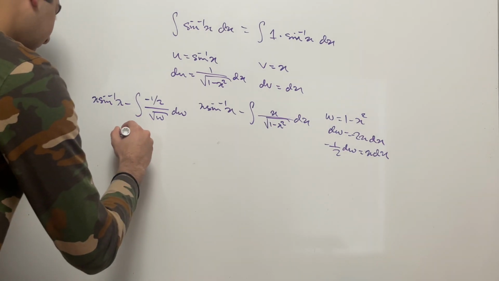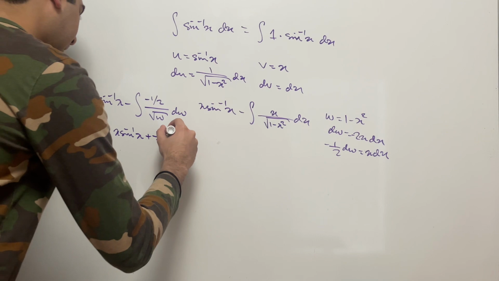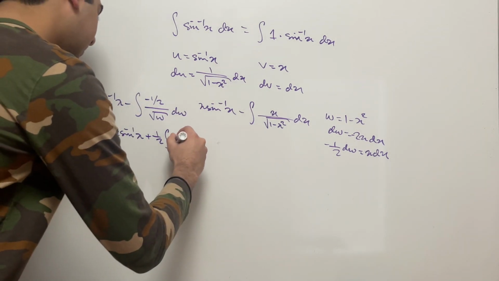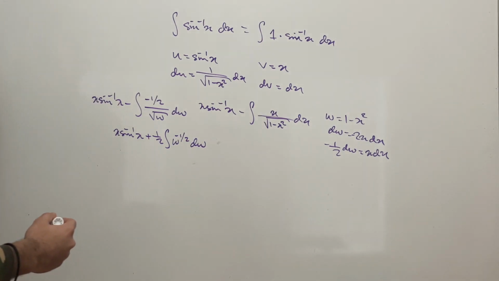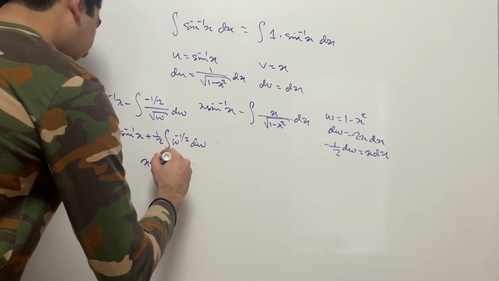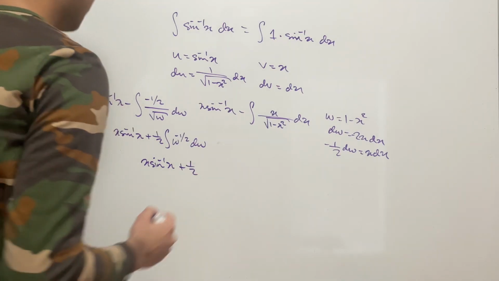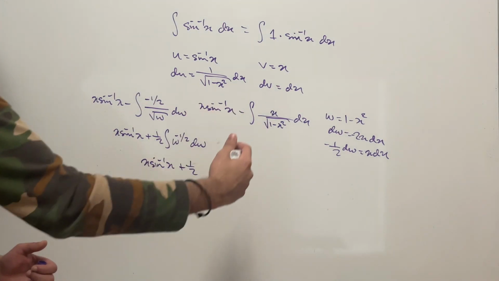So you get x inverse sine x plus 1/2 integral of 1 over root w. I'm just going to rewrite as w to the minus 1/2 dw. Alright, use the power rule on that one. And then for a final answer, we get x inverse sine x plus 1/2. Let's think about this. Add 1 to the exponent. Negative 1/2 plus 1, that's 1/2.